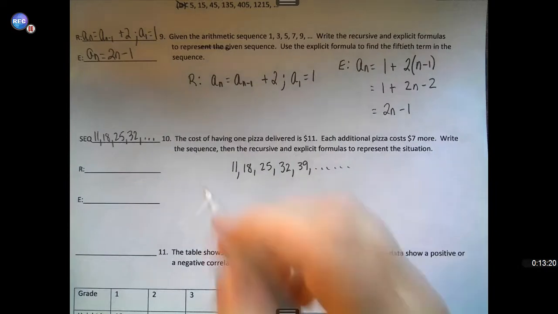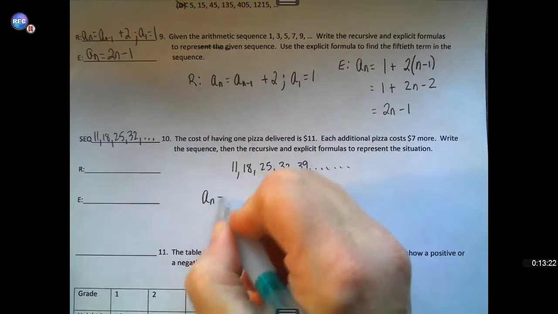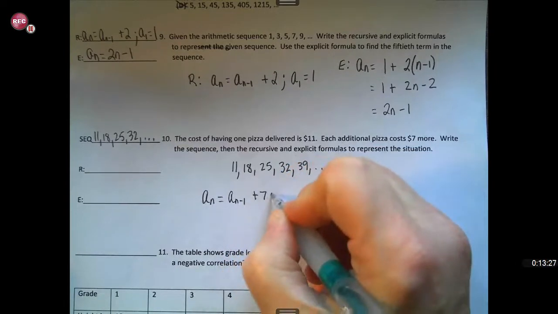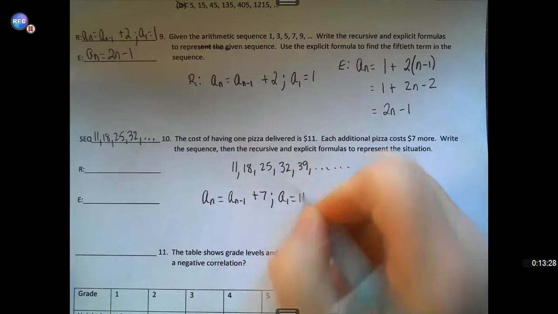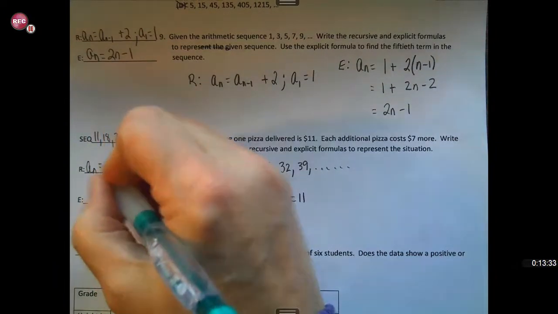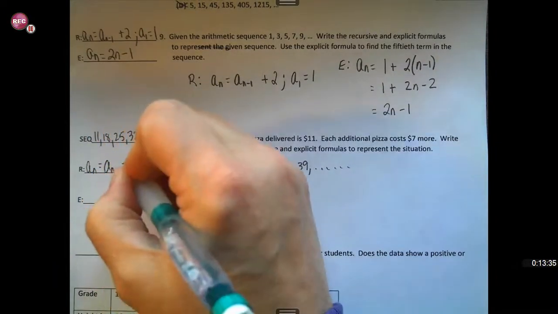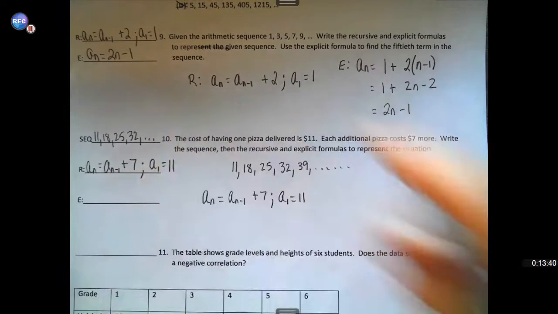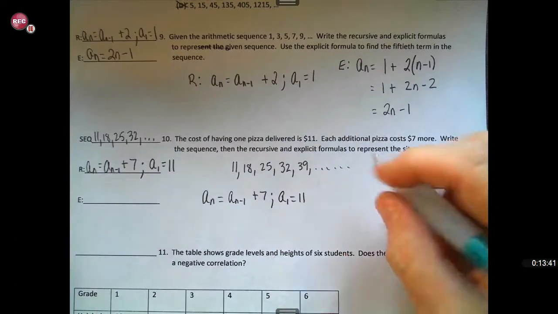The recursive formula, a sub n equals the previous term plus 7, and a sub 1 is 11. So a sub n equals a sub n minus 1 plus 7, and a sub 1 is $11. First pizza costs $11.